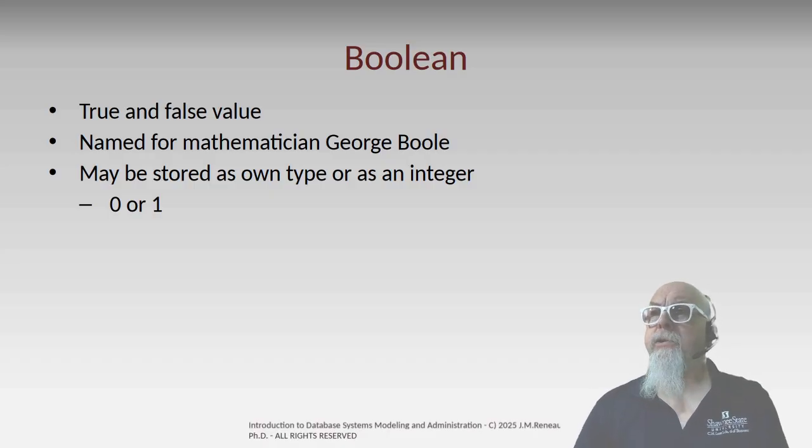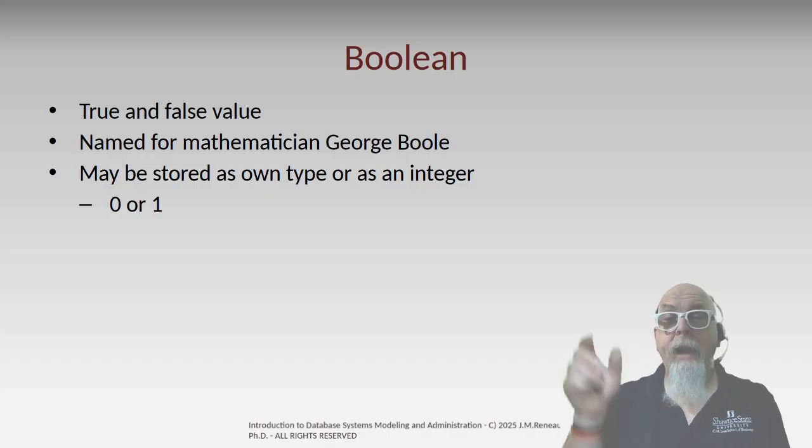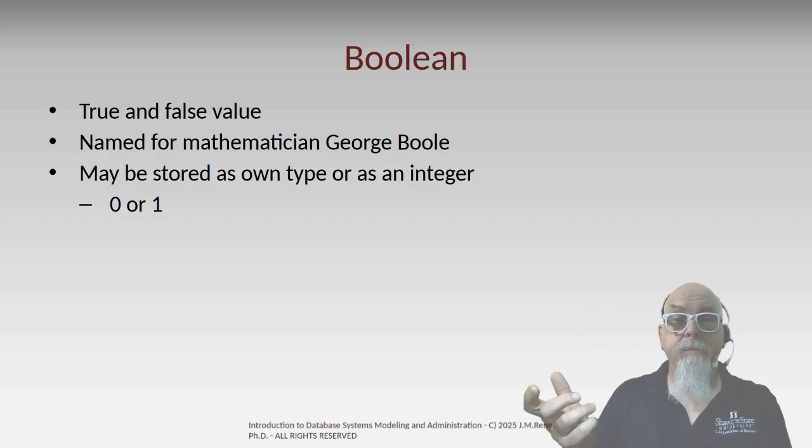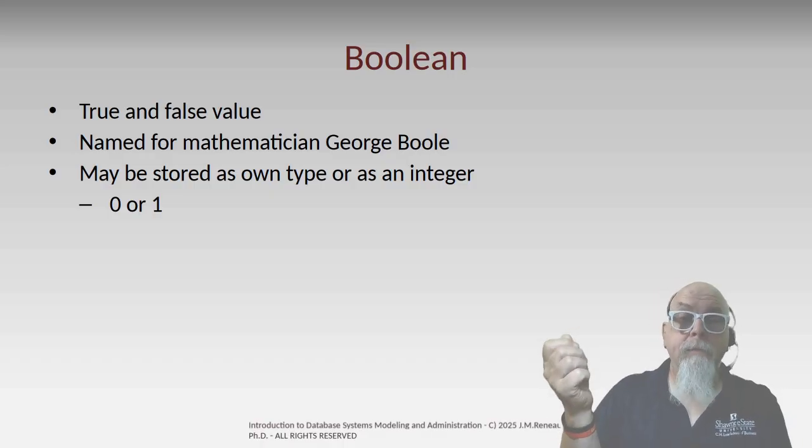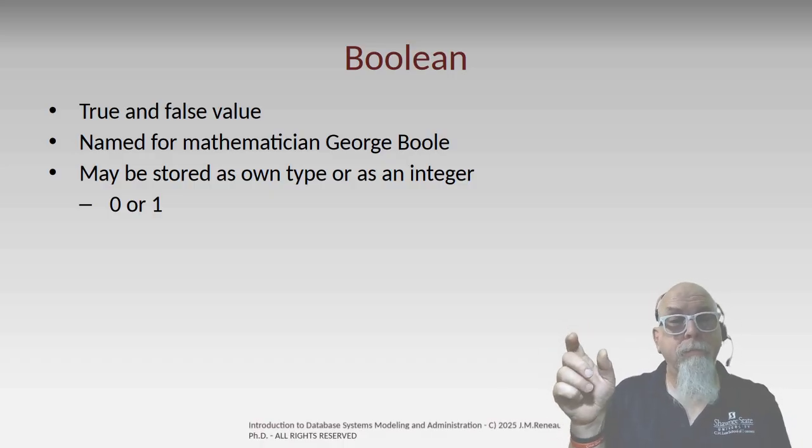Let's think about an attribute that might be Boolean. Maybe we've got a database table with an entity of people in our data that we're modeling. Maybe we want to know if they're alive or dead. True, false.